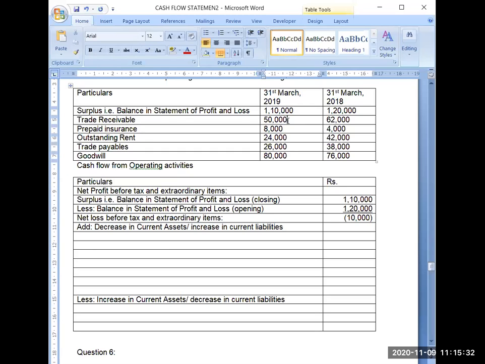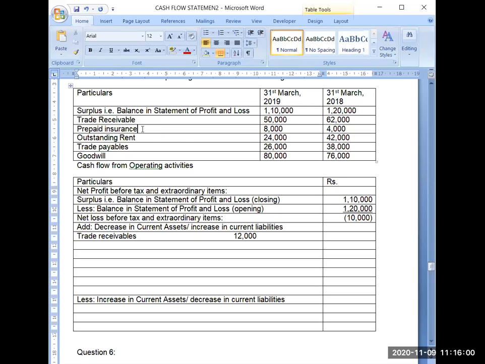It is reducing because last year's balance was more than the current year's balance. So obviously it is reducing, and it will be added here. Trade receivables: we have to consider only the difference. 62,000 minus 50,000, that is a decrease of 12,000.